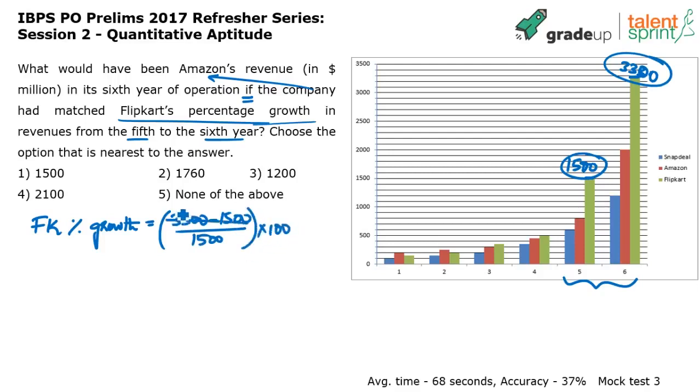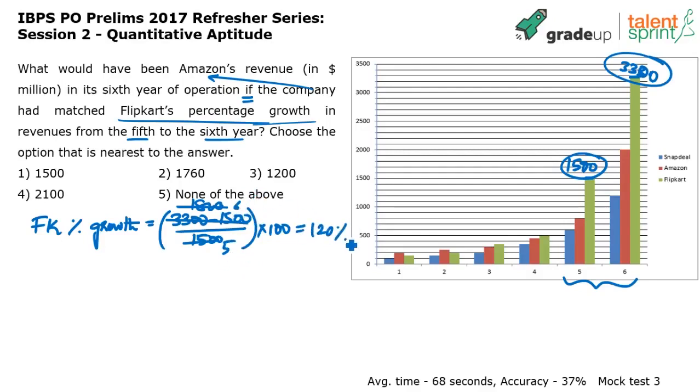So basically this is 1800 by 1500, or 18 by 15, which is like 6 by 5. 6 by 5 is 1.2, so it is like 120%.